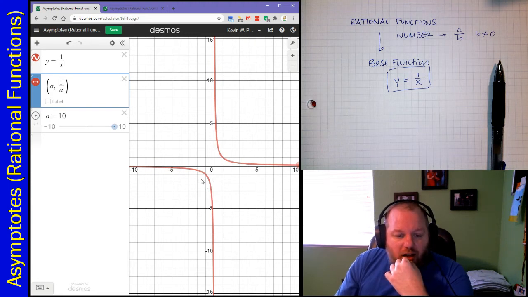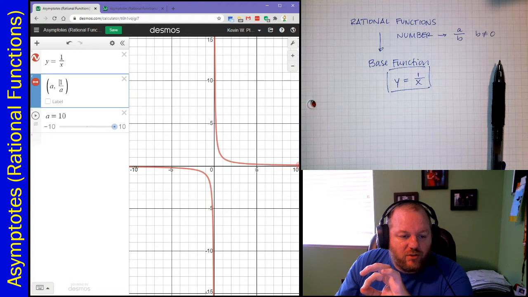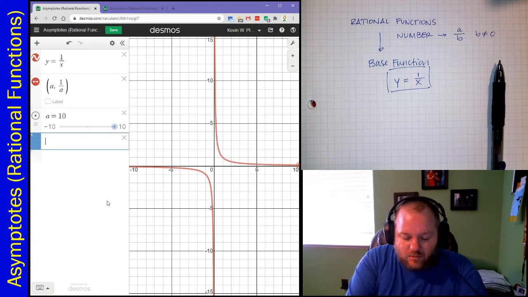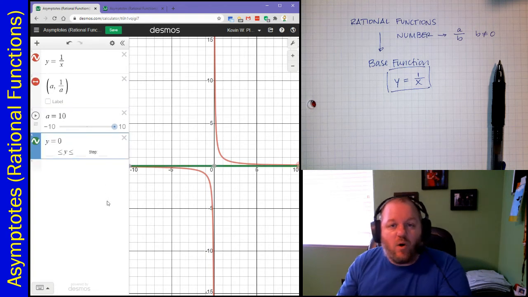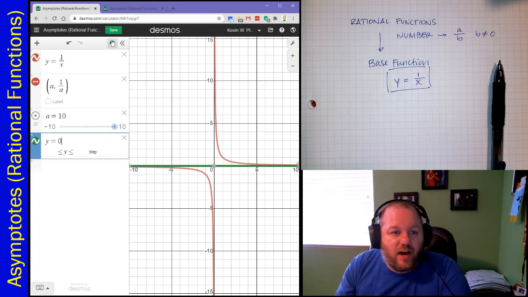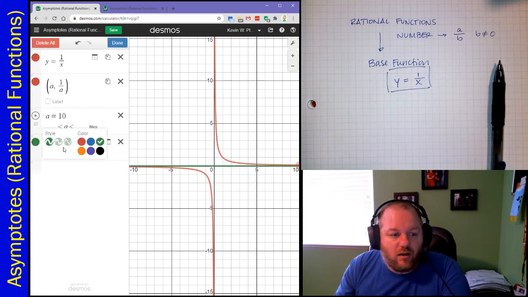So as we get further and further out to infinity, this y value gets closer and closer to 0. Because this is never going to touch 0, not on either side, we would call this an asymptote, and the asymptote would be located at y equals 0 because that is the value it can never be.